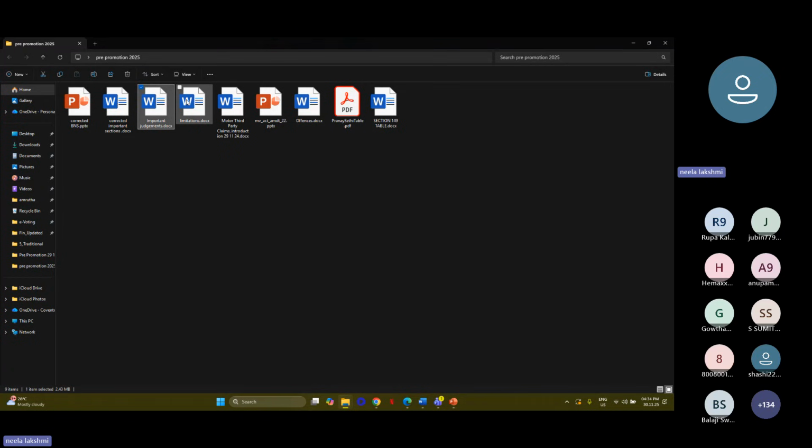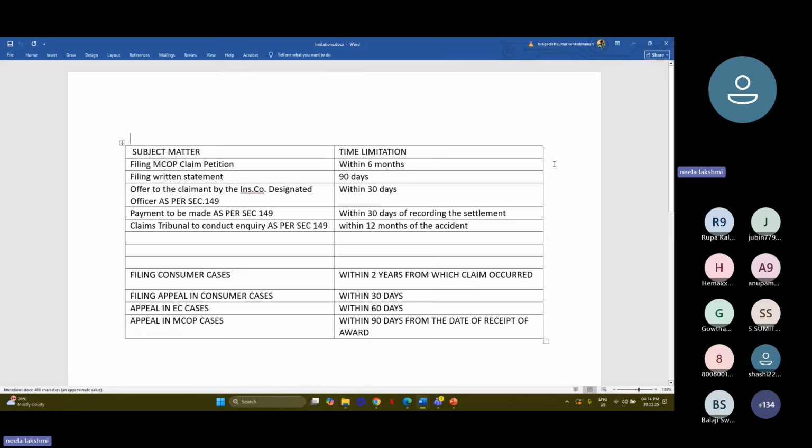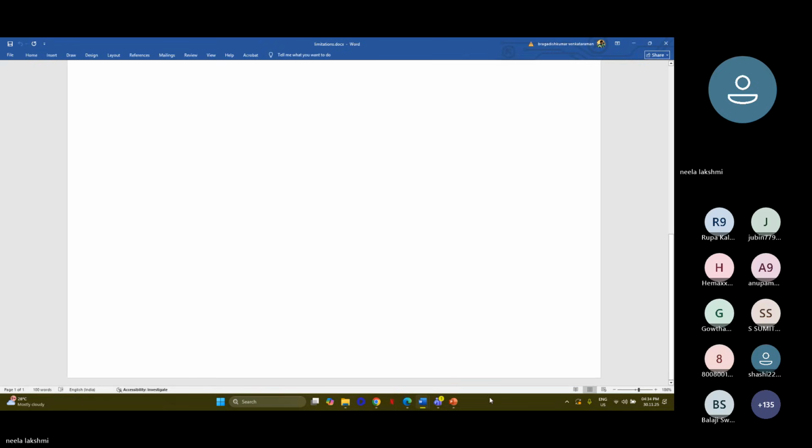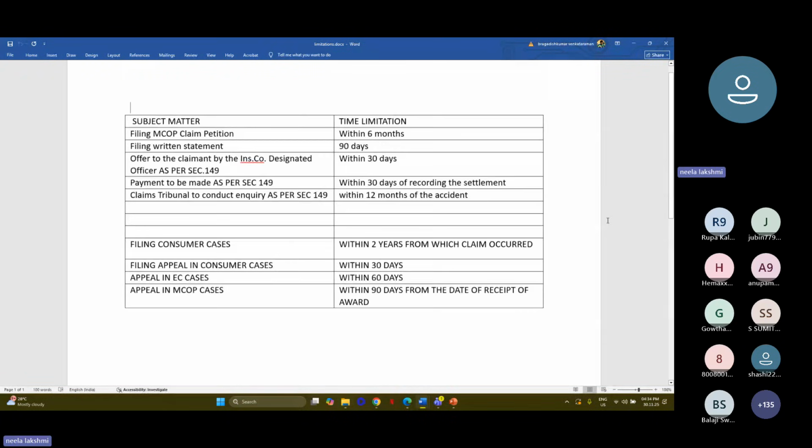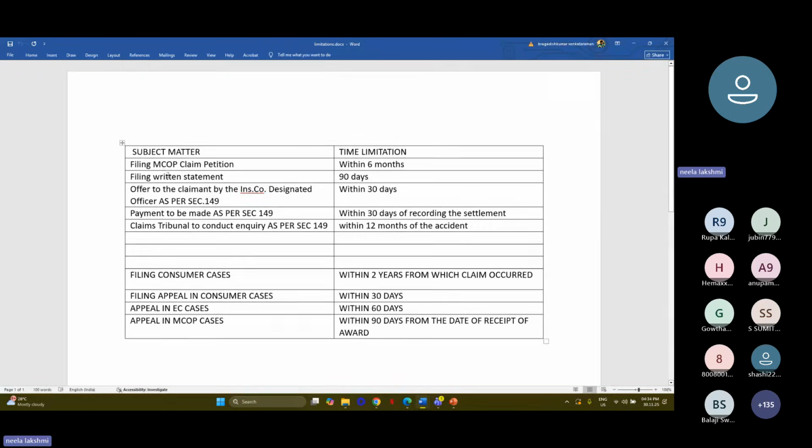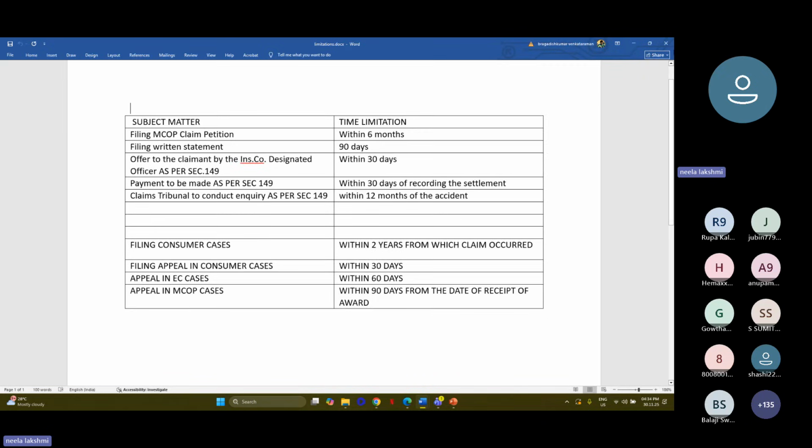For your easy reference, I have given these limitations. Filing the MCOP claim petition, filing the written statement, all these I have given you in a table already, which we have discussed.